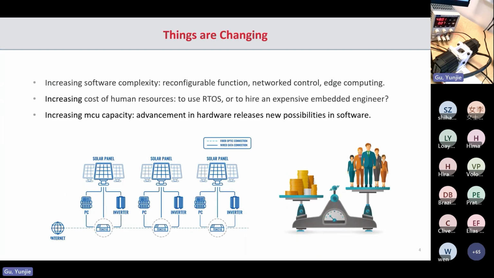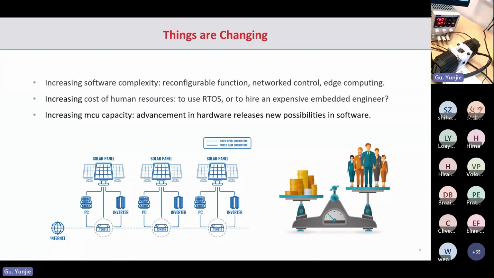But the tides are really changing at the moment, and people like me are quite fed up with bare metal development, and we are looking for different, alternative solutions. And the reason is also threefold why people are moving on. The first reason is the increasing software complexity.